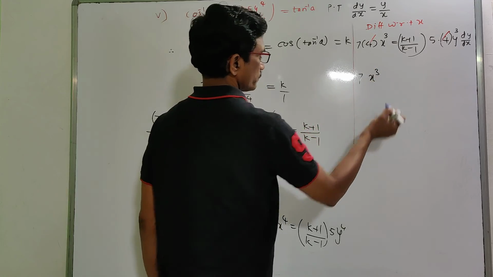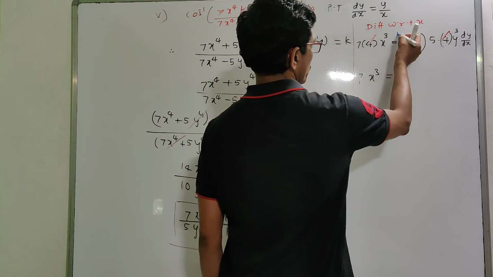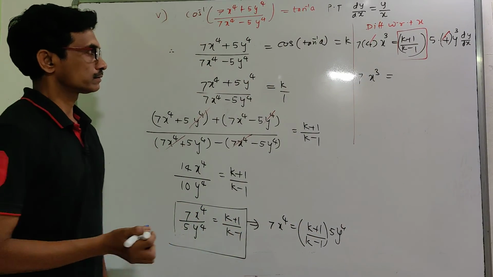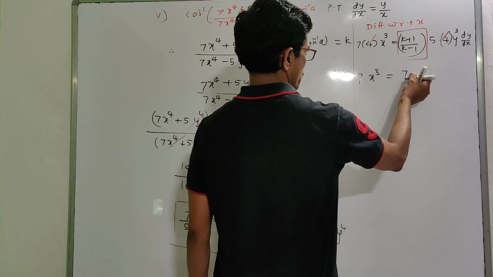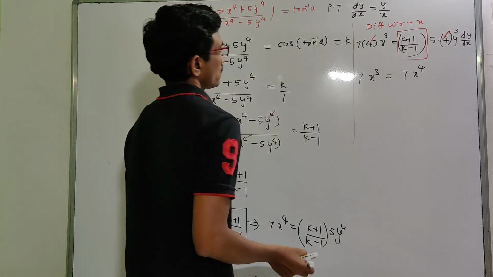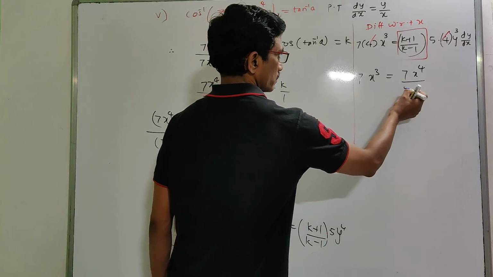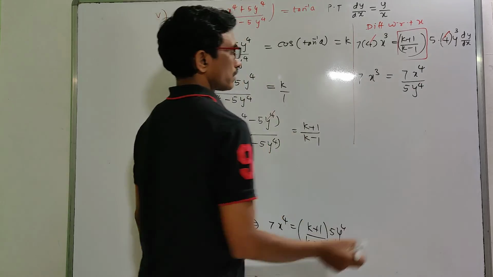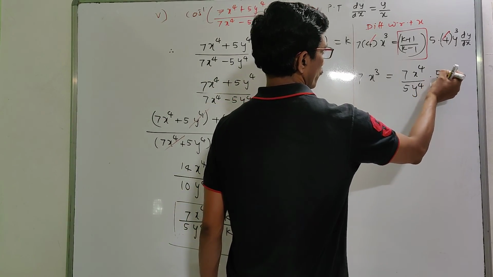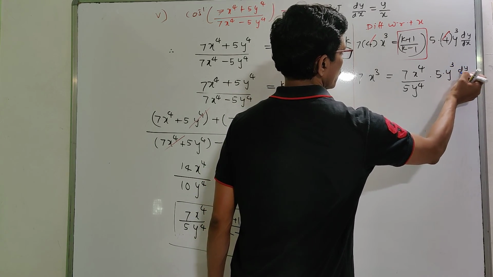So 7x cube is equal to, this we substitute, k plus 1 upon k minus 1, what is that? 7x to the power 4 upon 5y to the power 4. What is left over here? 5y cube dy by dx.